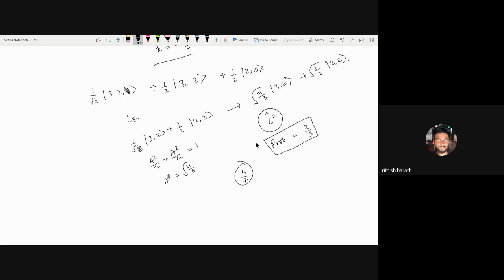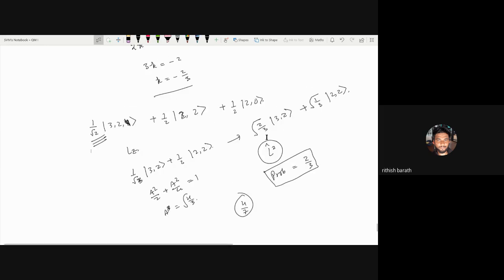So that is why I think I wrote it as 4 by 7. This is the answer. Okay, fine.